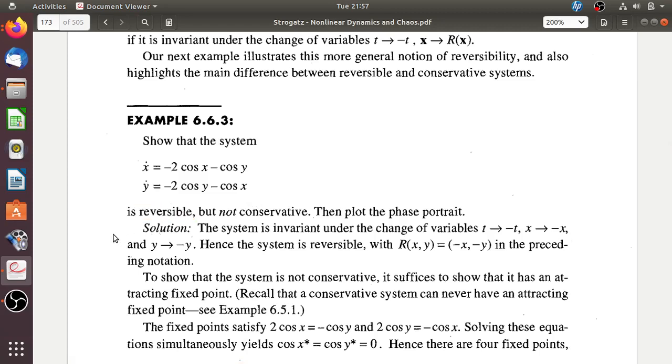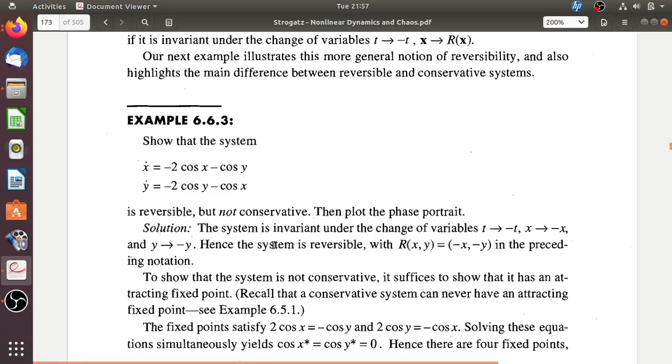So while you are saying that it's a reversible system, you have to say under what transformation, okay, fine. So now we know that this is a reversible system under these transformations. Is it conservative? We have to show that it is not, okay.